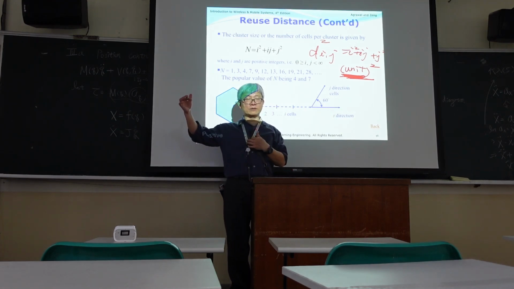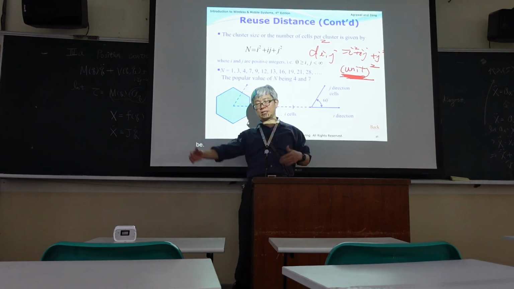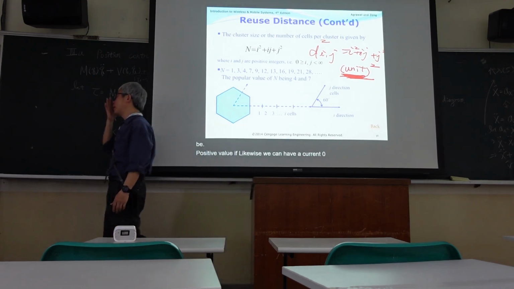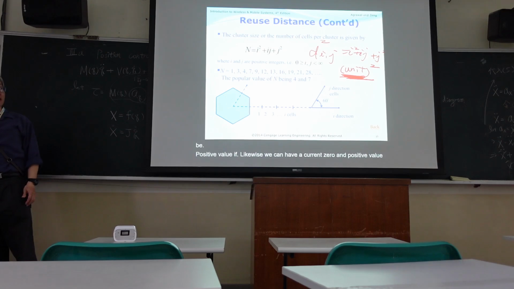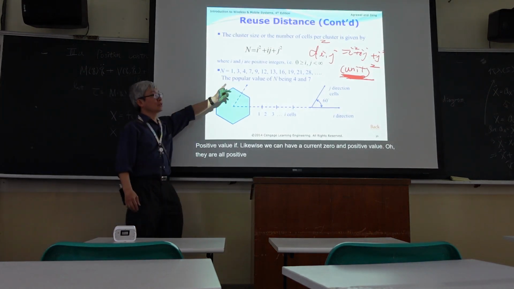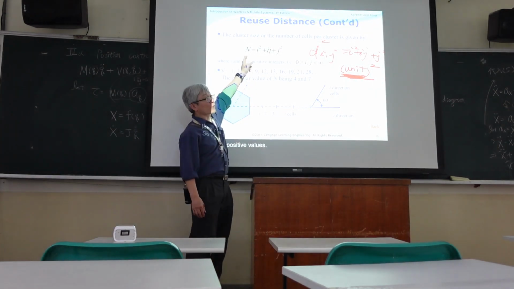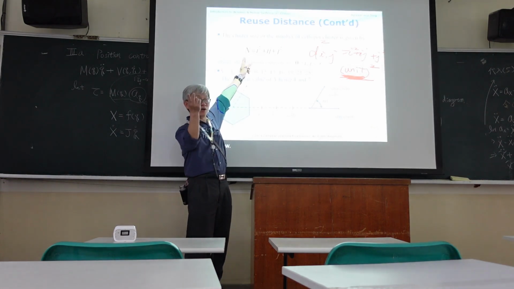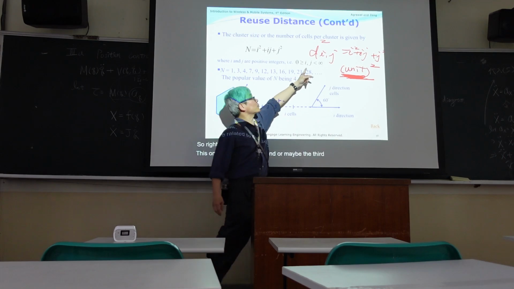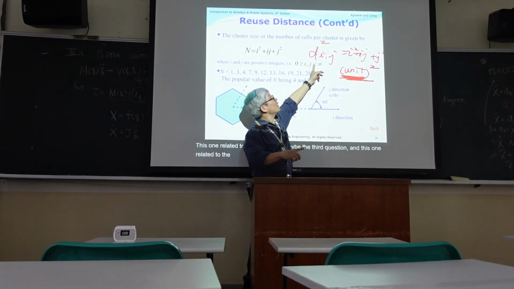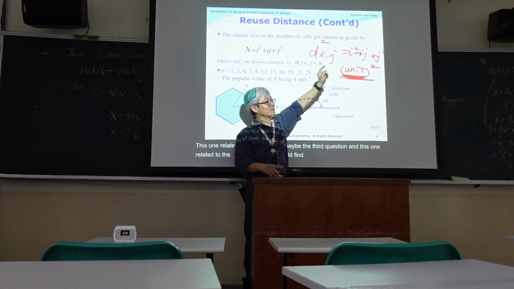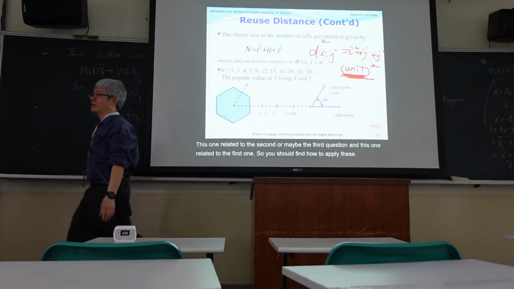Likewise we can have a current 0 and positive value. They are all positive values. So right now, this one is related to the second or maybe the third question, and this one related to the first one. So you should find how to apply this. I mentioned one in the video.